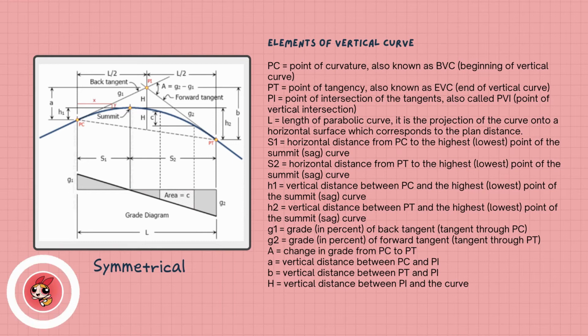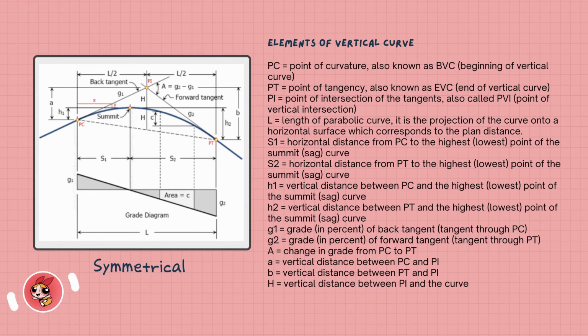So this picture is an example of a symmetrical parabolic vertical curve. It is called symmetrical because the curve is made up of a single vertical curve. So these are the elements of a vertical curve. PC, point of curvature, also known as BVC, beginning of vertical curve.